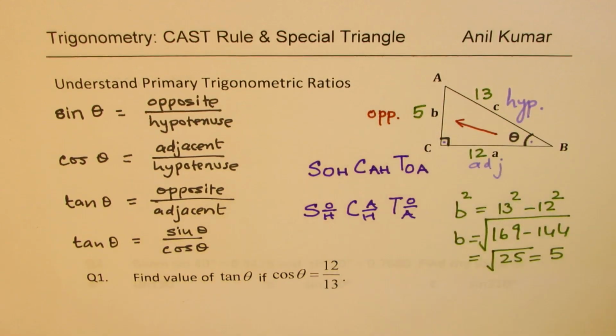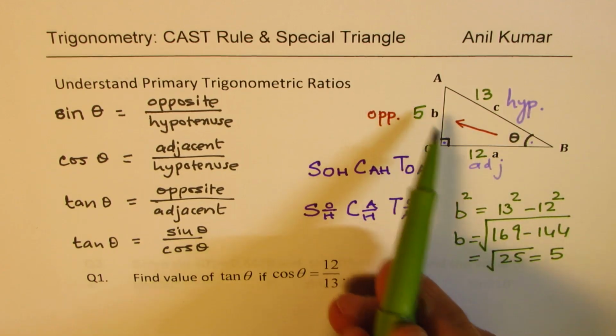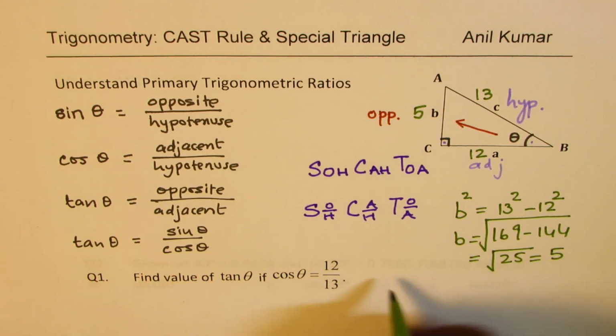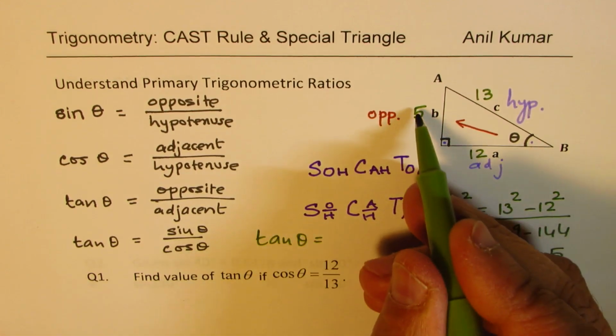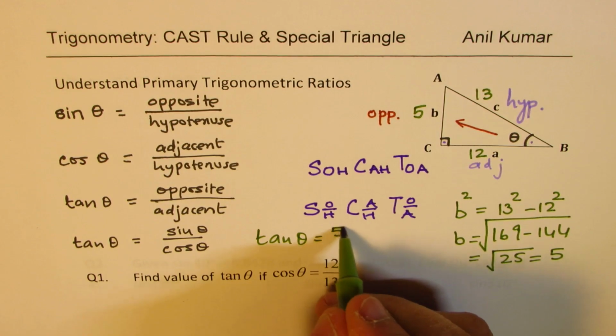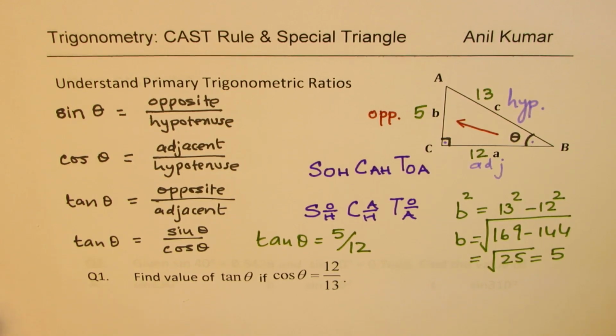Now you know all three sides, and tan theta is the ratio of opposite over adjacent. So tan theta should be 5 over 12. That is how you may be solving questions based on the primary trigonometric ratios and the right triangle. If you understand this, most of the questions can be answered.